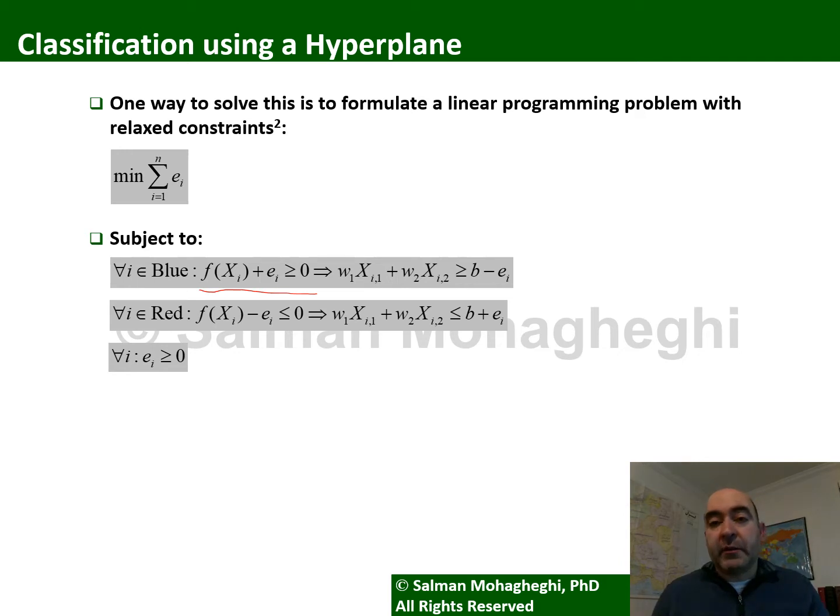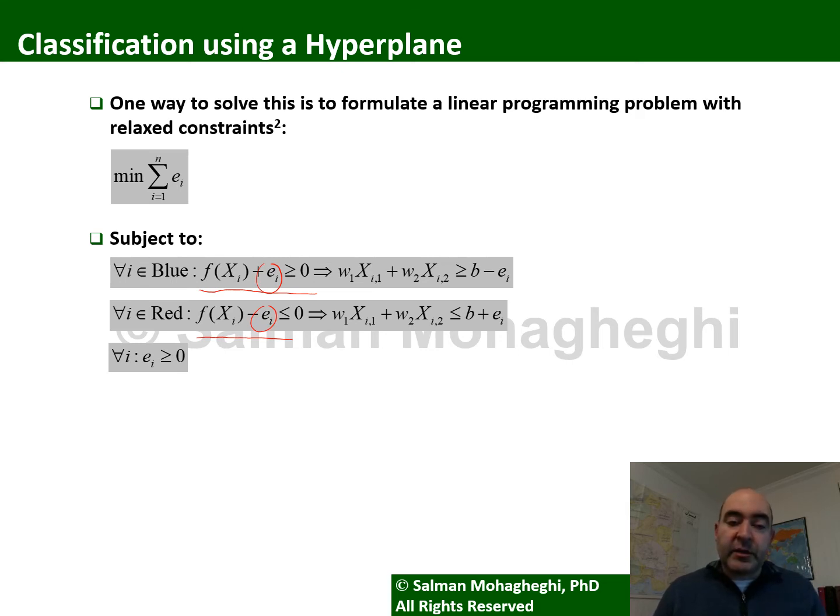I will do the same thing for red data instances. So I would like f of x to be negative, but if it's not negative on its own, I would say I would like f of x minus some positive value to be negative. Now my objective is to minimize these error values and set them close to zero as much as possible.